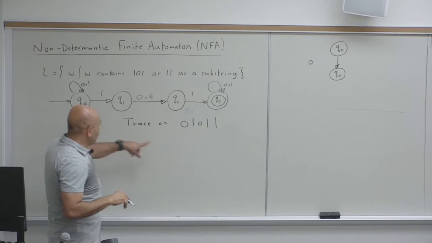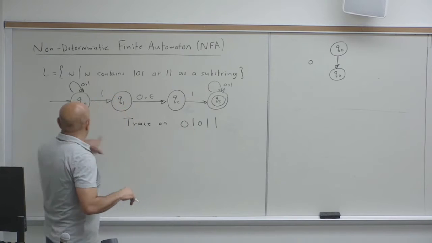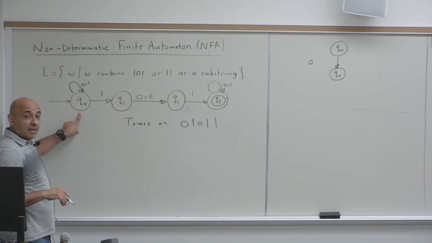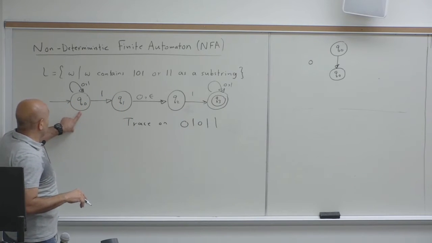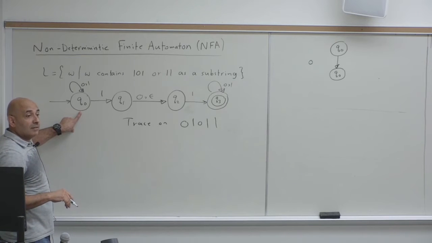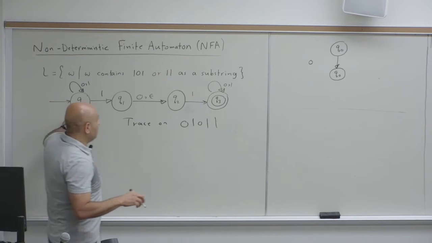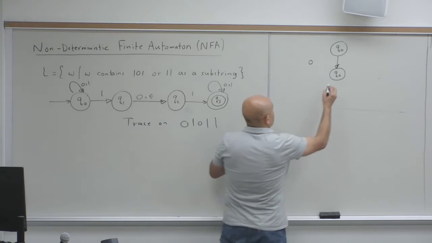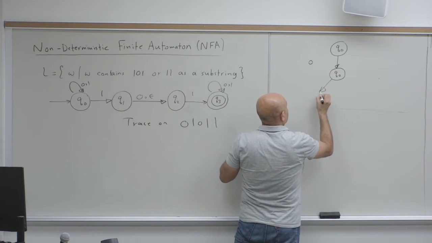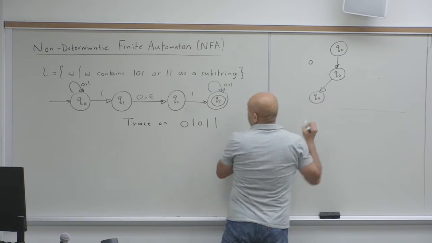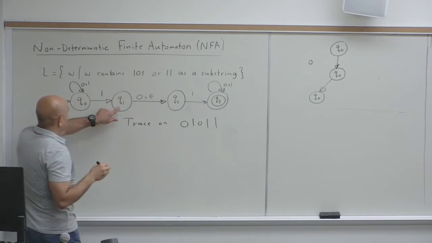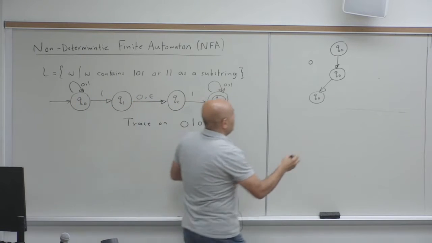Now, next you will get a 1. We are in Q0, and we are getting a 1. How many options do we have? 2. The first option is going to Q0. The second option is Q1.